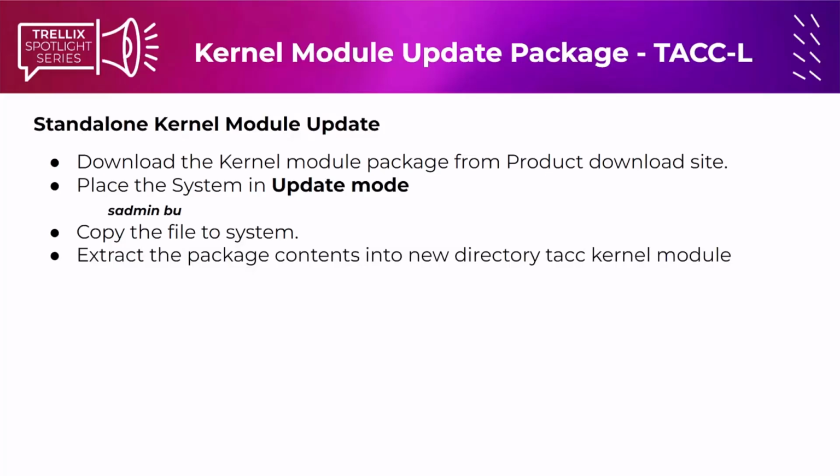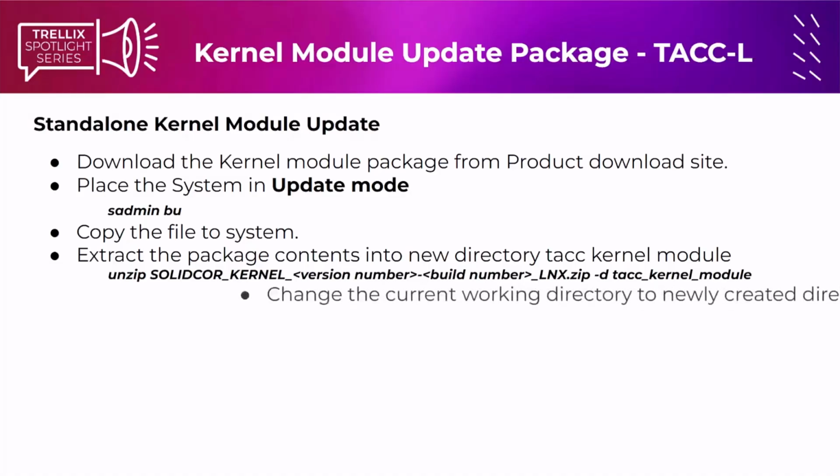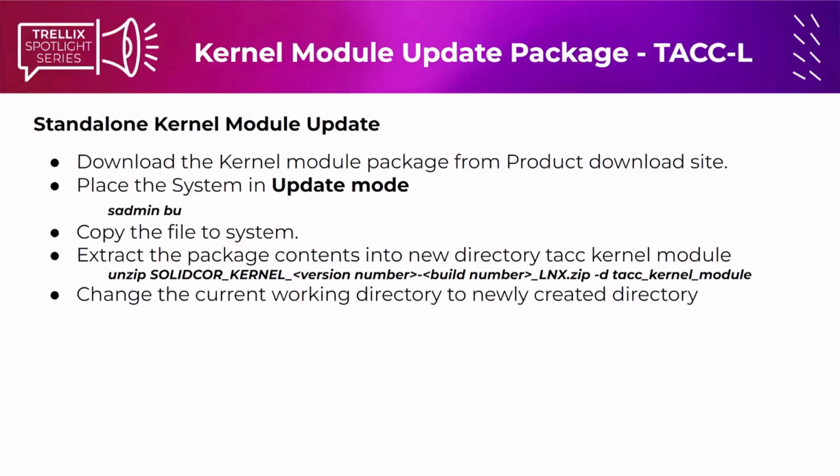And then, as a next step, we will have to extract the package content into a new directory, TACC kernel module, using unzip utility. And as a next step, we will have to change the current working directory to the newly created directory using cd command and execute the installation script under that directory, which is mapkg_install.sh.